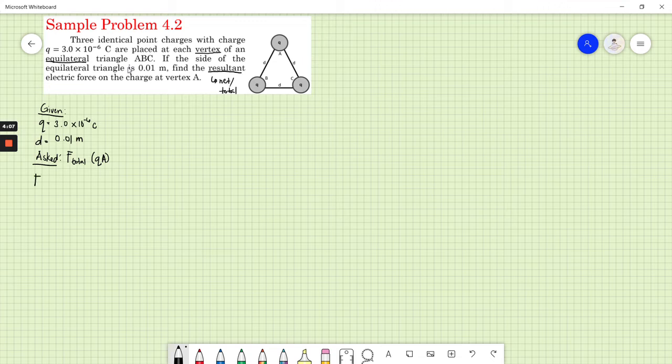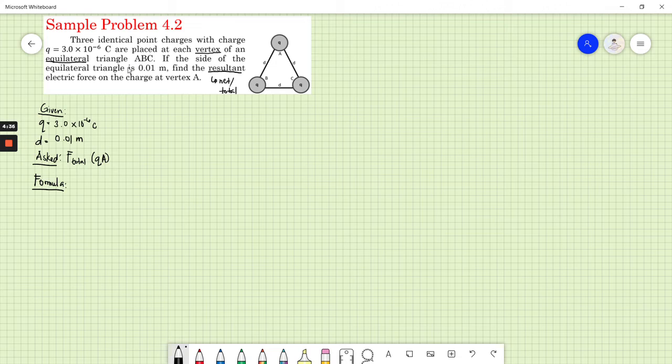Next, let's identify the formula that we have to use in order to solve this problem. First, the formula we need is Coulomb's law, because according to the superposition principle, in order for us to find the total or resultant force that QA experiences, we have to identify the force that QB and QC exert on QA.